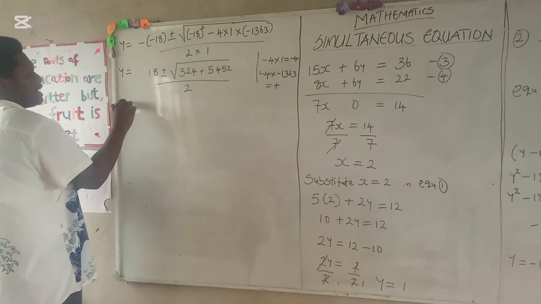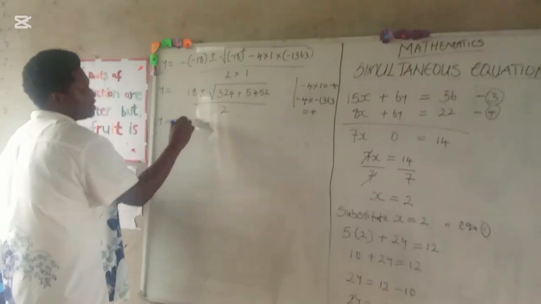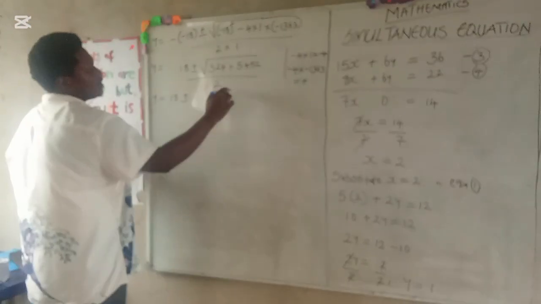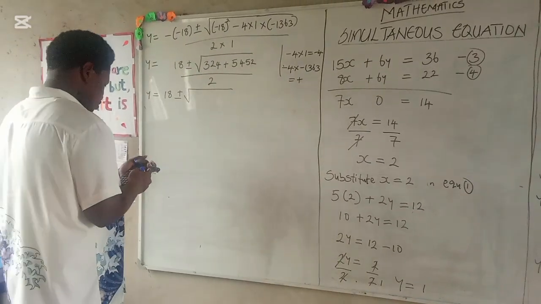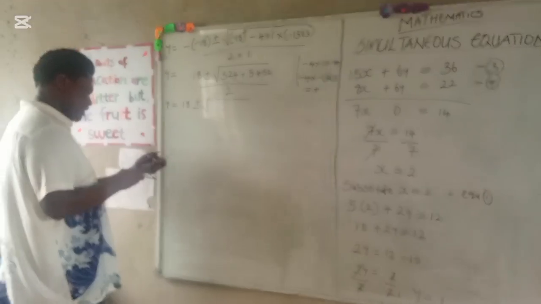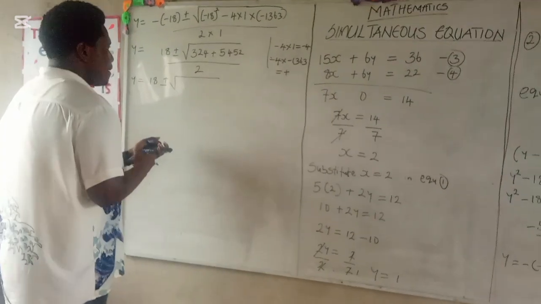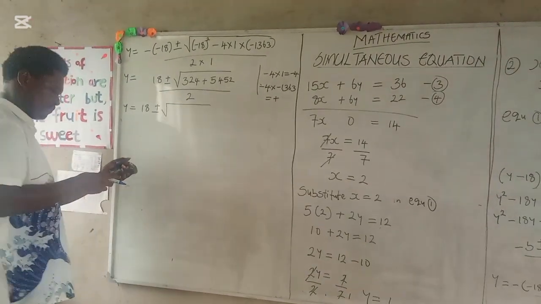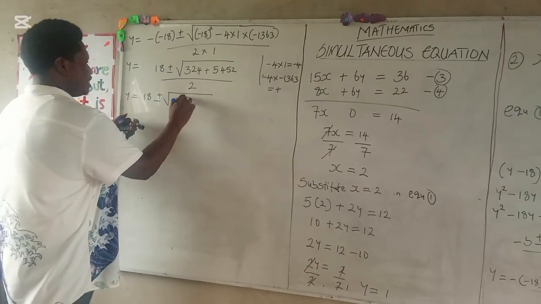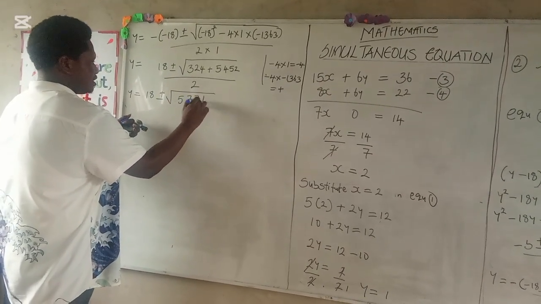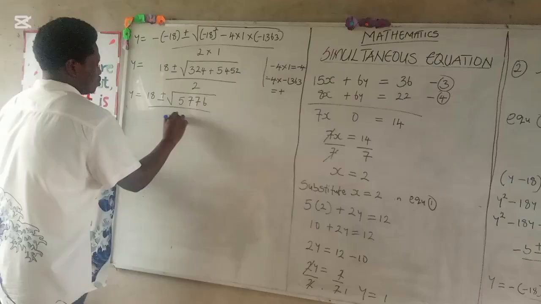So we have that y is equal to 18 plus or minus, let's add these two. So we have 324 plus 5,452. We are going to ascertain 5,776 over 2.